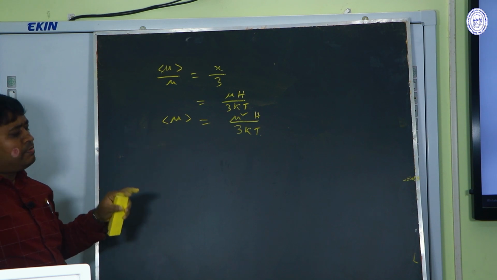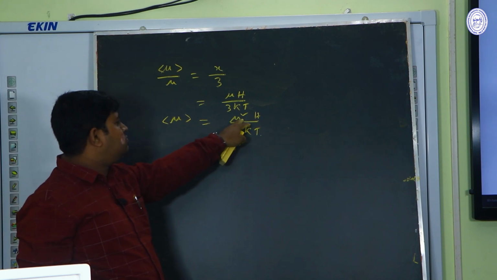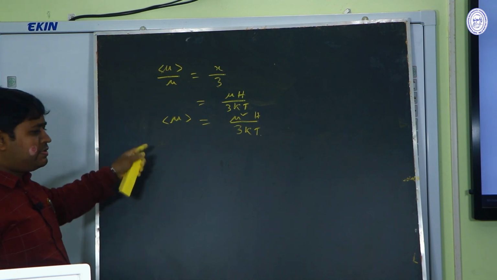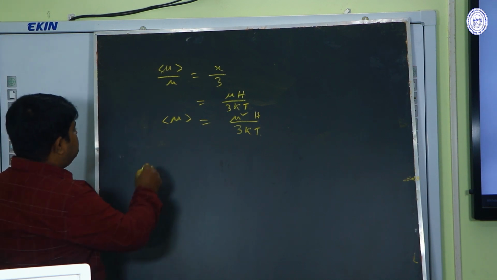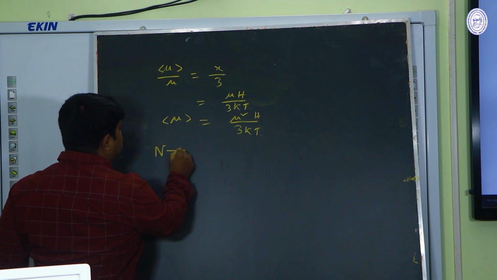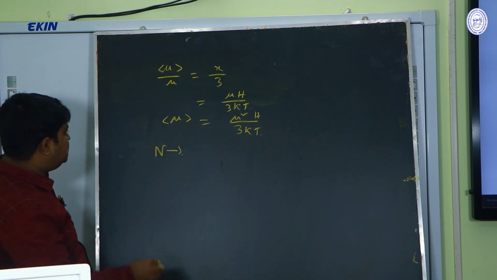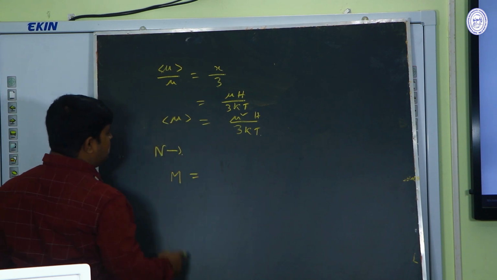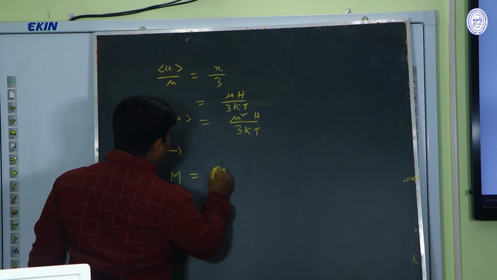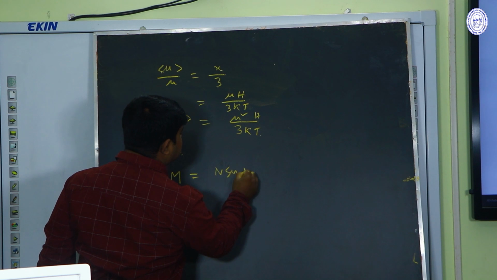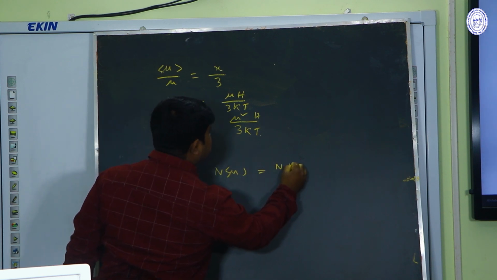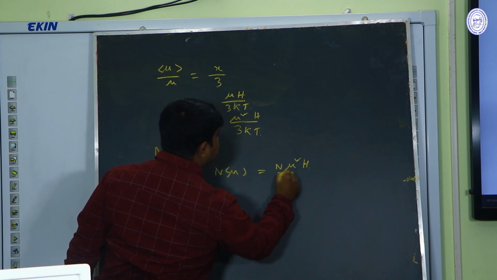The average contribution of the magnetic dipole moment is equal to mu square H by 3kT. If n is the total number of dipoles per unit volume, then the total magnetization M can be expressed as M is equal to n into mu average, that is equal to n mu square H by 3kT.